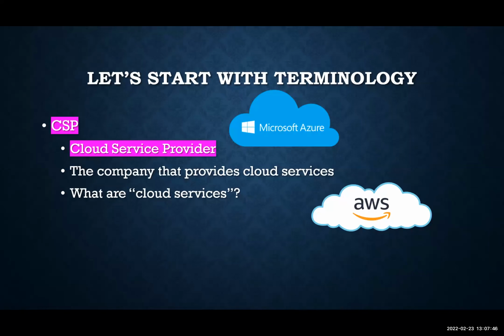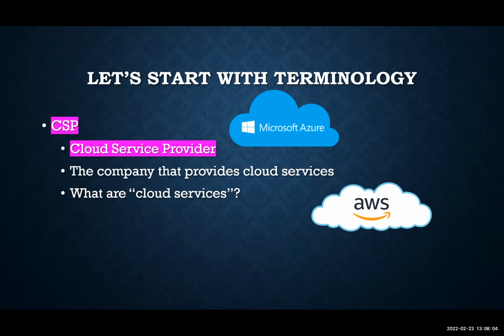So we can turn on a virtual machine, we can configure a virtual firewall, we can configure a virtual database, we can use machine learning and quasi AI, and these are all services that each one of these CSPs makes available for us, the consumer.